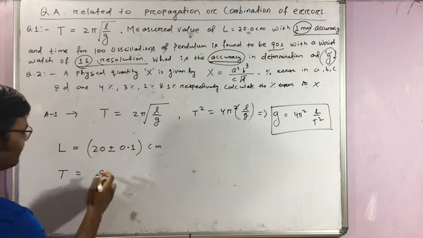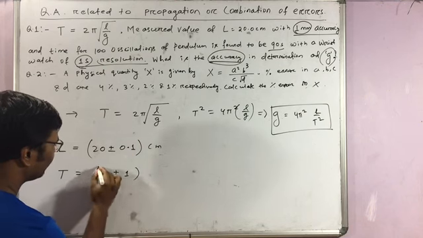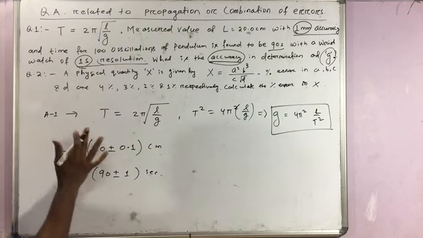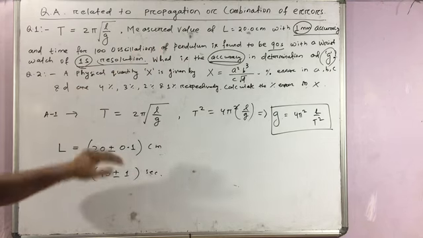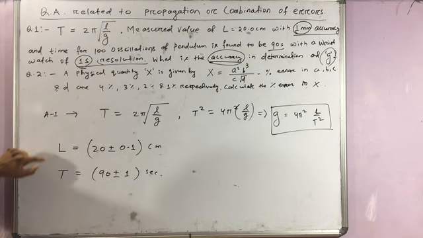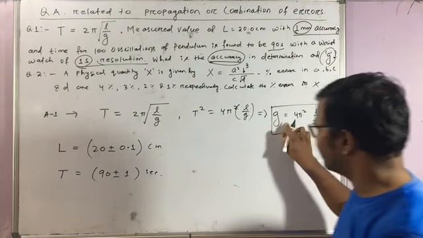And as the time is given as 90 seconds, your value will be 90 plus or minus 1 second. So these are the data we got from the question. Now identify how I have identified the error part and how I have reported the value from the question; remember that.